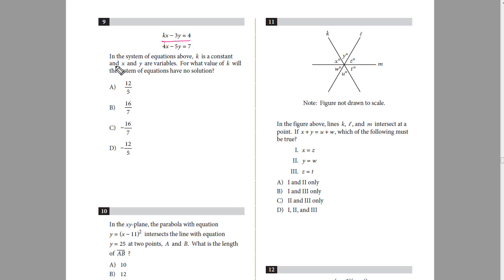Question number 9. In the system of equations above, k is a constant and x and y are variables. For what value of k will the system of equations have no solution? So a system of equations has no solution when either x or y gets eliminated. How?